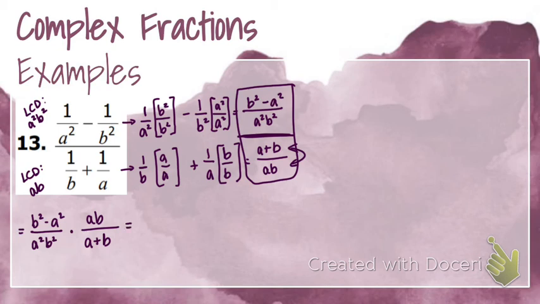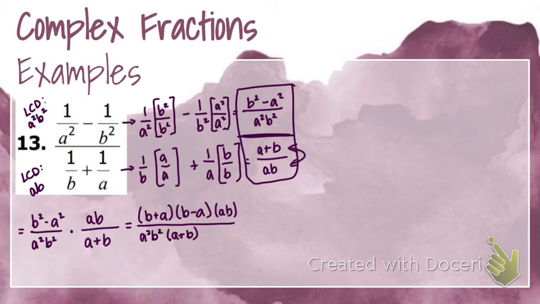So let's factor and rewrite this. B squared minus a squared is a difference of two perfect squares. So it's going to factor to b plus a times b minus a. And then we also have to multiply that by the ab in the second part. Then we're going to divide this by a squared b squared times a plus b.